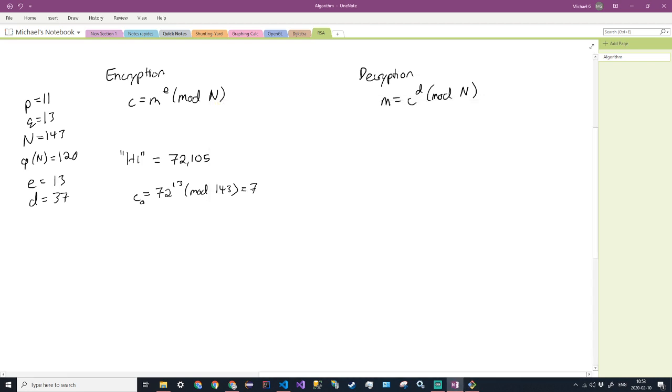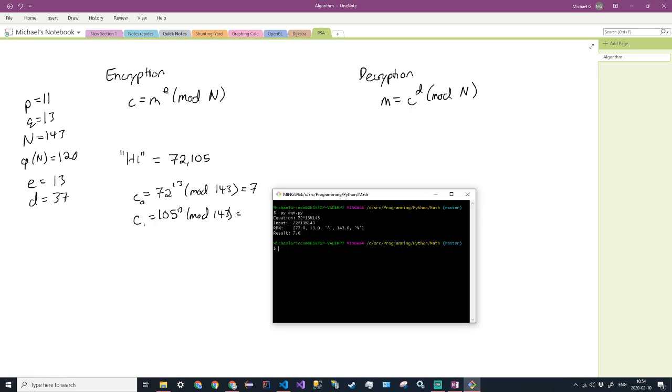This is equal to 7. And then C at 1, the second character in the cipher, is going to equal 105 to the 13 mod 143. Let's do the same thing. I'm just using a calculator that we built in JavaScript, using the shunting yard algorithm.